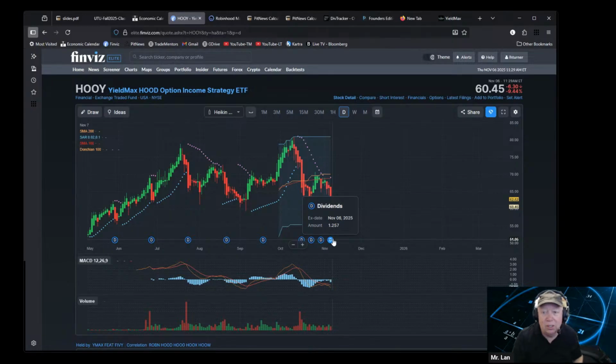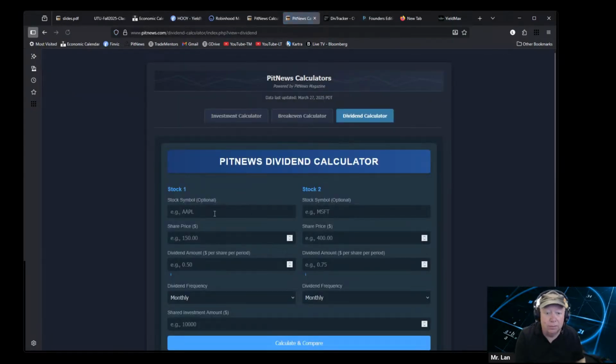Now let's go put those into the calculator. So this is, put it in the right column, Lan, HOOY. And share price for HOOY was 60.10, and the dividends were 1.25. And it's paying weekly.